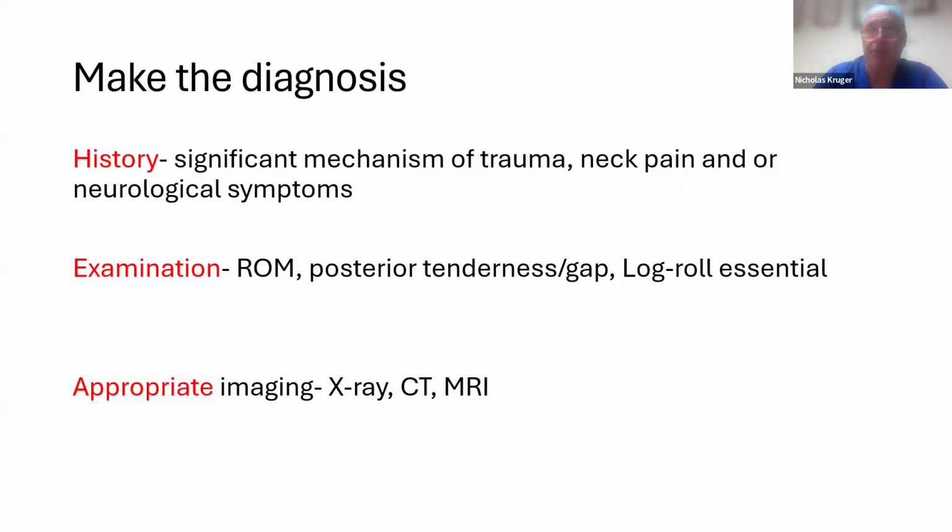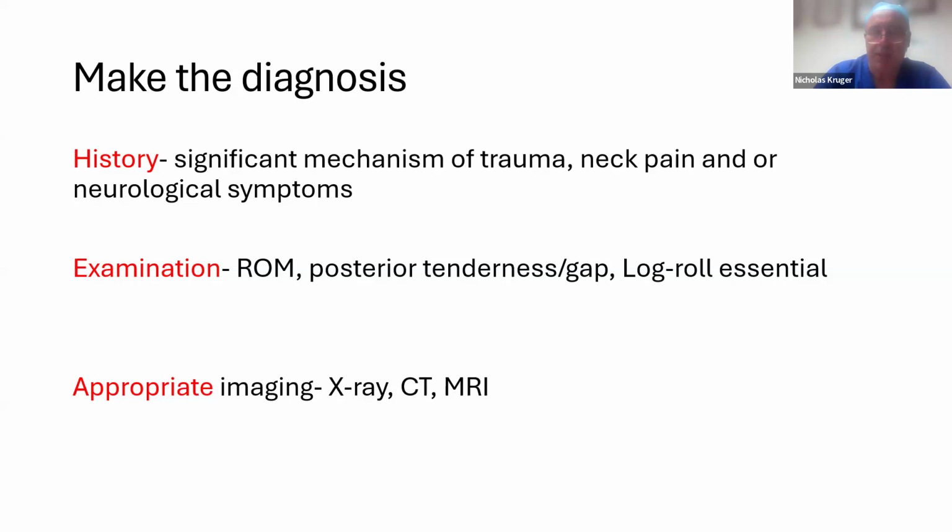Before you get to your investigations, you must ask a few things, and the examination is really important. When you're in those trauma meetings, always before you venture comment on the posterior element, say you're going to log roll the patient, palpate behind, feel for your tendinous gap, and do a PR at the same time.